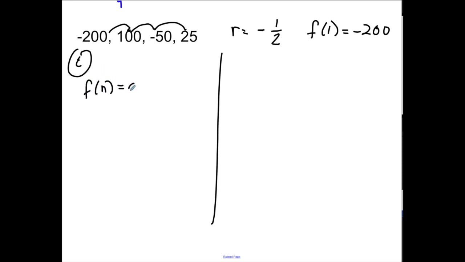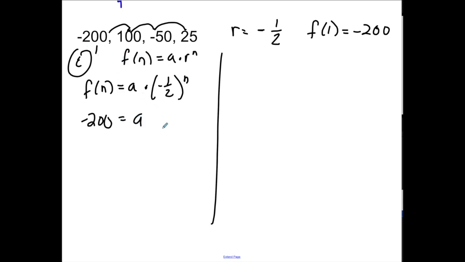Okay, so for the explicit rule, the first thing we do is we take a look and we say, okay, f of n is equal to a times negative 1/2 to the n, because remember the general rule here is a times r to the n. All right, and now remember, when we plug in 1, we have to get negative 200, because the first term is negative 200.